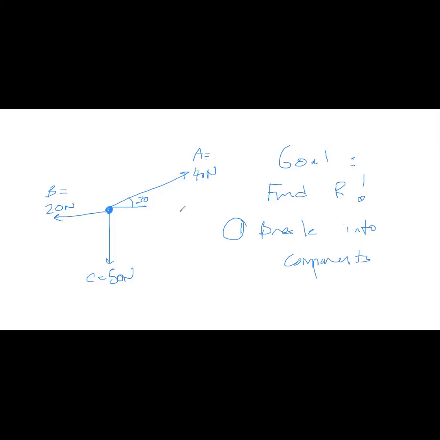Any force that you see that's 2-dimensional needs to be broken into components. That gives us AX, which is 40 cosine 30, and AY, which is 40 sine 30. So we have BX, CY, AX, and AY.